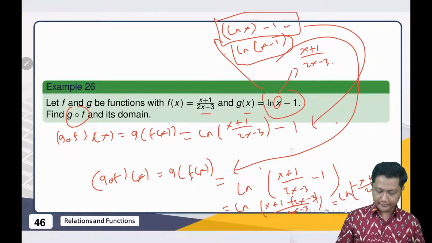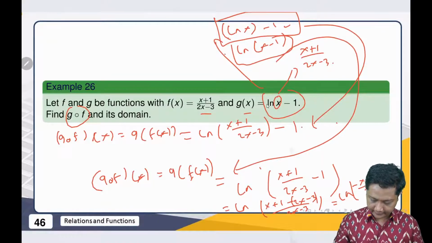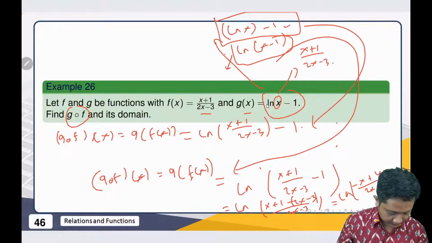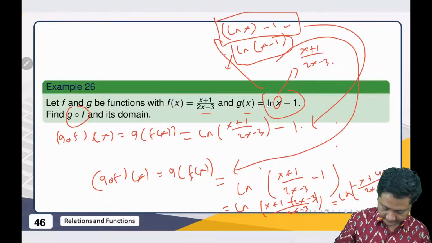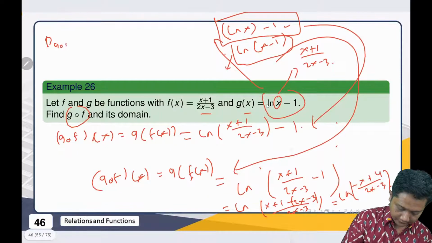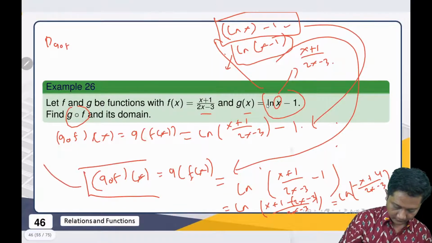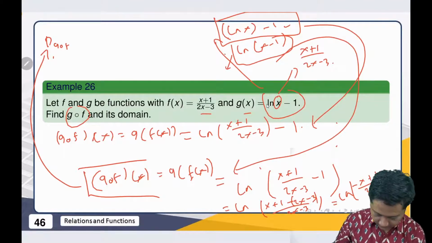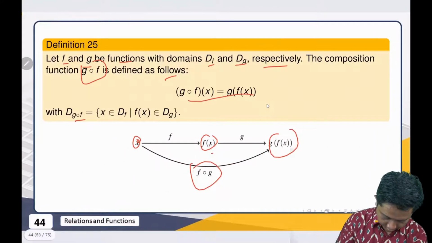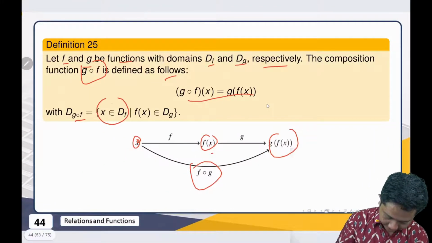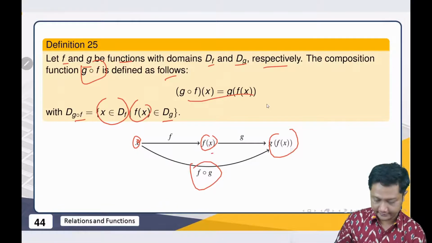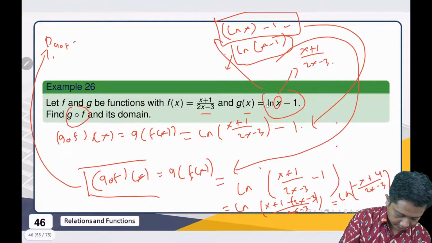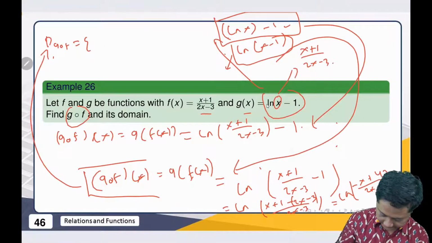And how to find the domain? It depends on the question. It can be this, can be this. So we discuss the second one. Okay, so what is the domain of g∘f for this one? See, this is the domain: every x in the domain of f such that f(x) is in the domain of g. So the domain of g∘f is everything here.